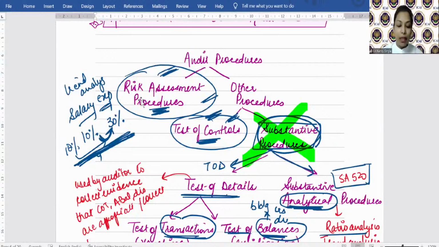So tell me, can there be a situation whereby auditor is not performing substantive procedure at all, neither test of detail nor substantive analytical procedure, based on his assessment of risk of material misstatement? Like, I'll give a situation. Can it happen that here the risk of material misstatement assessed is very low? Internal control, he finds that these are very good. So can auditor skip the substantive procedures? Quickly tell me.